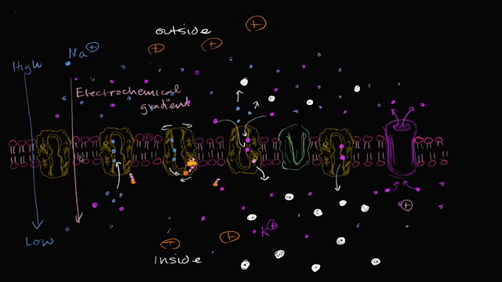And so let's say that this protein right over here, this is what we're going to call a symporter. What it does is it uses the electrochemical gradient of one ion, in this case sodium. So it uses the fact that sodium really wants to go through the membrane. And it uses that energy.